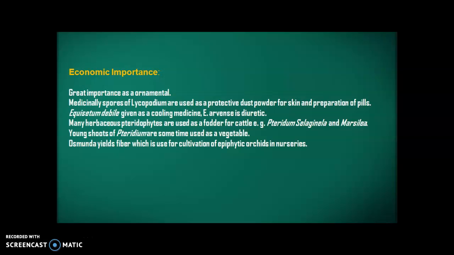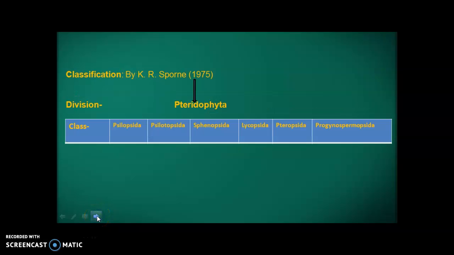Young shoots of Pteridium are sometimes used as a vegetable. The pteridophyte Osmunda yields fiber, and that fiber is used for cultivation of epiphytic orchids in the nursery. Means they are used as a base in the growing of orchid plants.